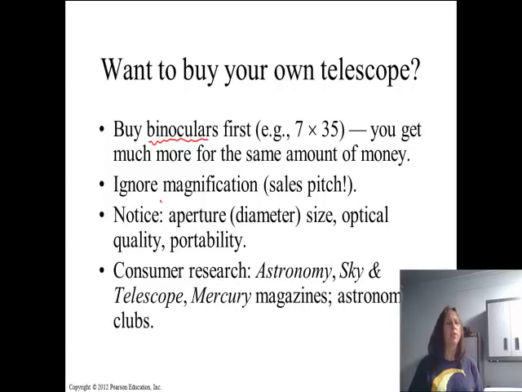What you need to do is make sure that your lens or your mirror that's gathering the photons is decent quality and of the right aperture, the right diameter, to do what you want it to do. Do your research ahead of time and just have fun with it.